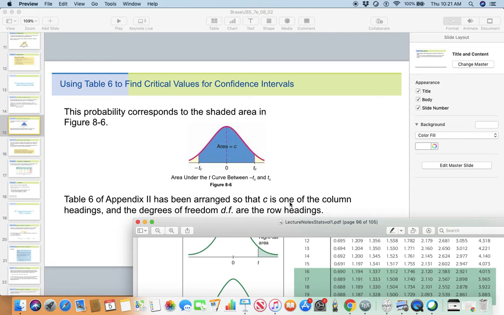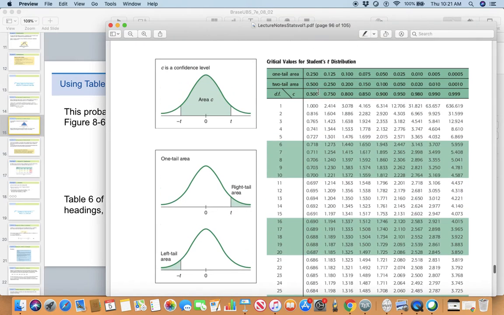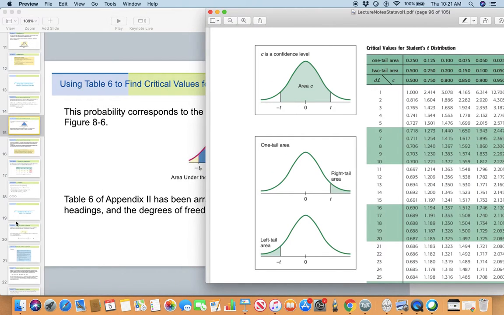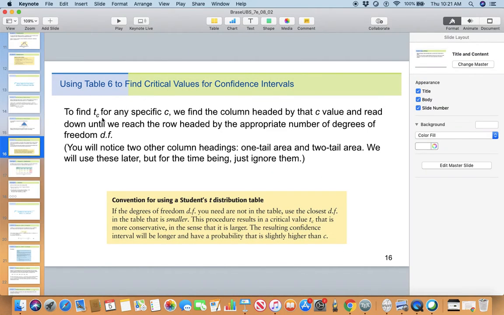C is one of the column headings and degrees of freedom are the row headings. C is the confidence level, and these are your DF values. To find Tc for any specific C, we find the column headed by that C value and read down until we reach the row headed by the appropriate number of degrees of freedom.